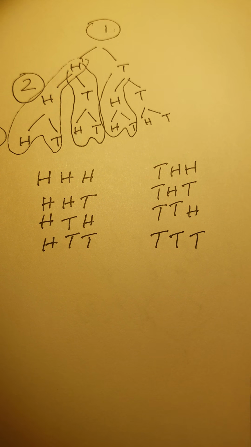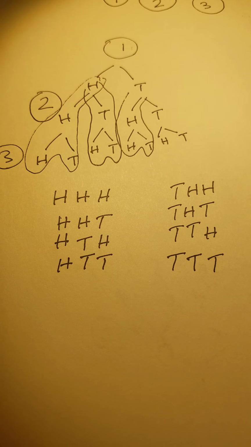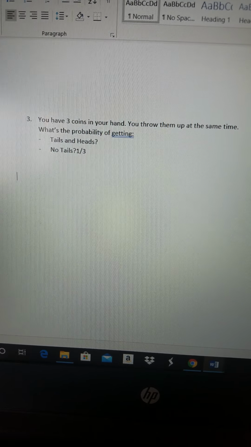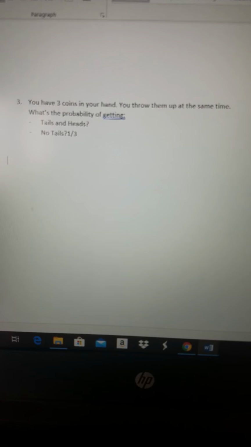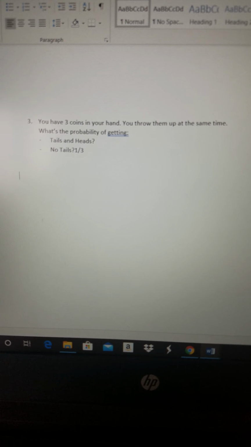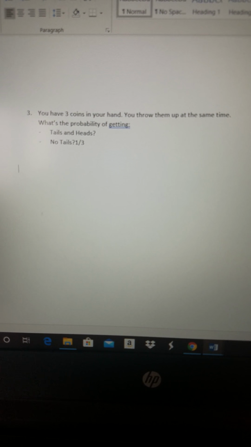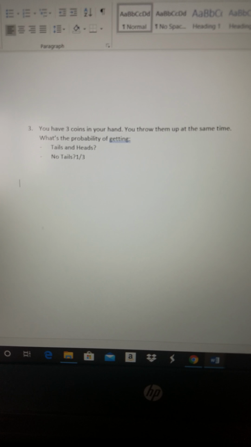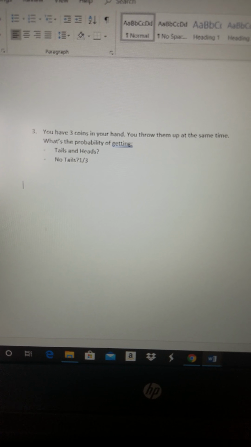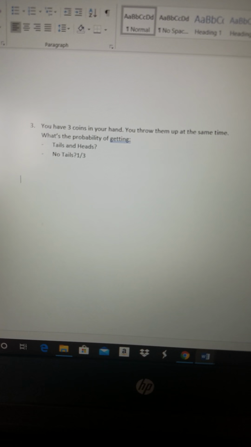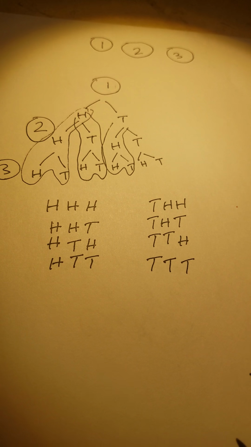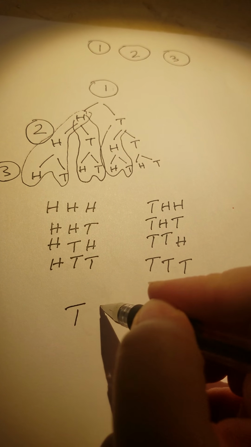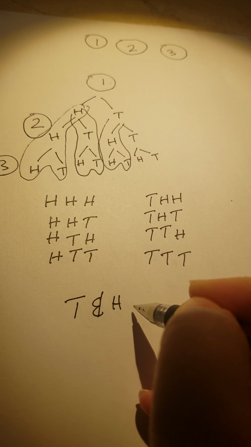Okay, so now we want to look at the question. The question said you have 3 coins in your hand, you throw them up at the same time. What's the probability of getting tails and heads and also no tails? So tails and heads.